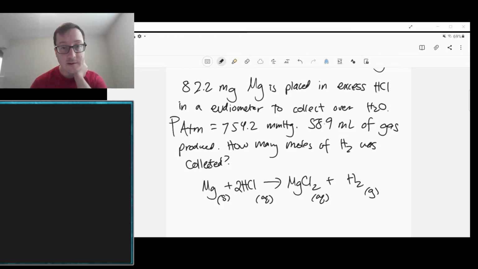We know the moles of magnesium that we're placing in there, right? And so we will have a theoretical yield here. And since I'm making up these numbers, we may totally have messed this up, but we'll see. We're going to see that we can calculate the moles of gas in two ways. We can use stoichiometry, but let's rephrase the question because I think it'll be easier for us to understand.